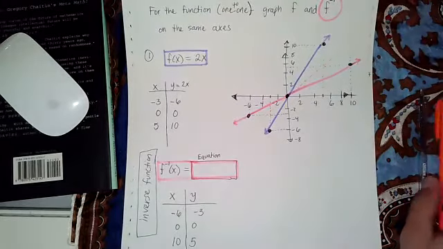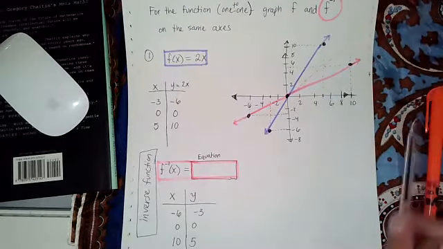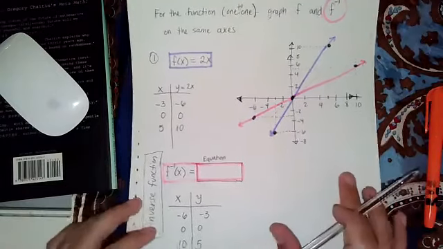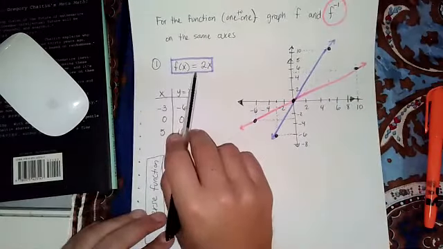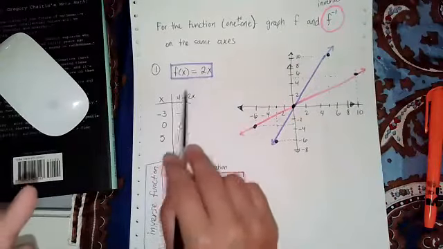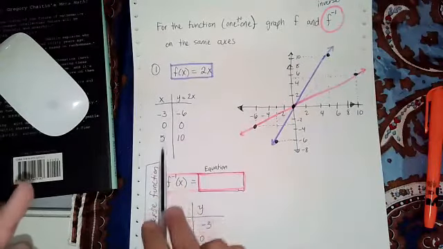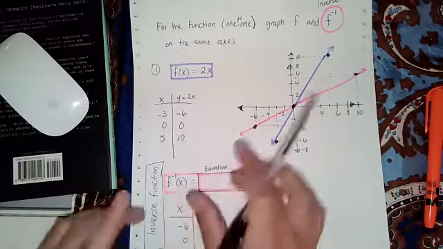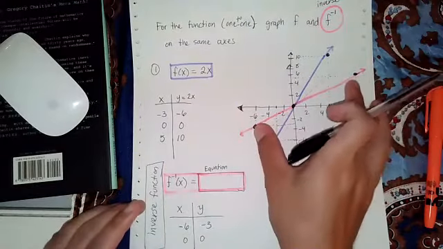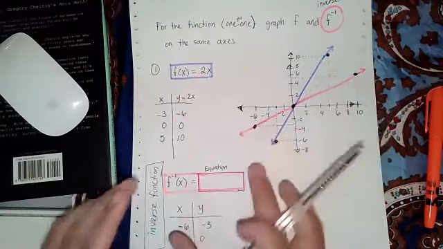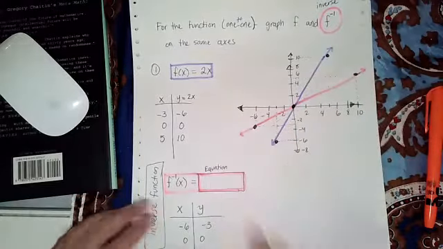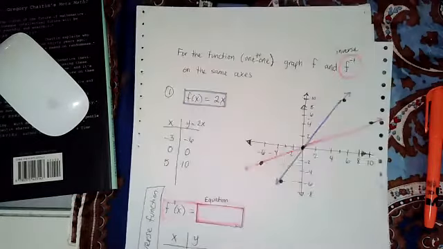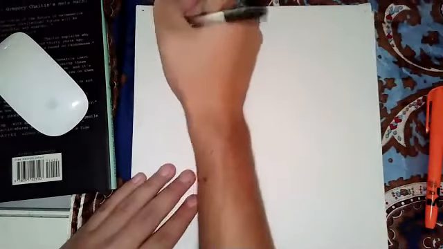Okay. So what I want you guys to do is do this same exercise, but I'm going to give you a different function. I'm going to give you some inputs, figure out the outputs. I want you to graph the function by hand and then graph on that same plot the inverse function, the way we did here, okay? So this is the function I'm going to give you for now.